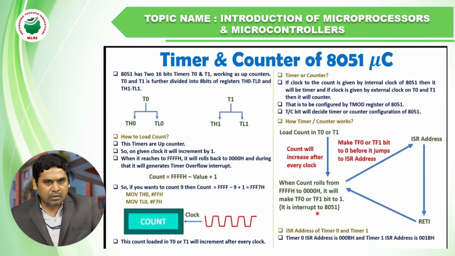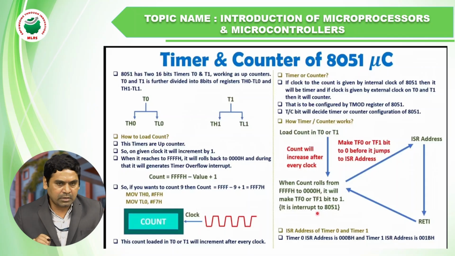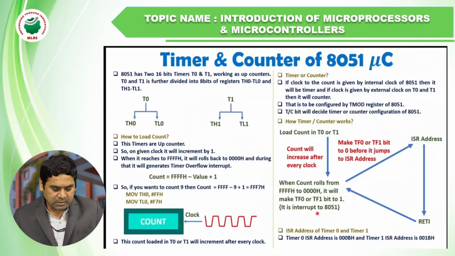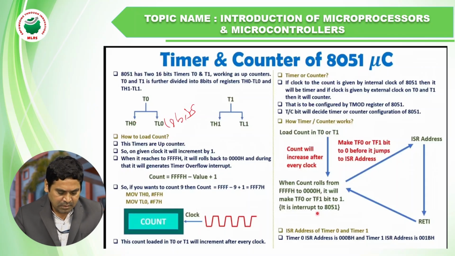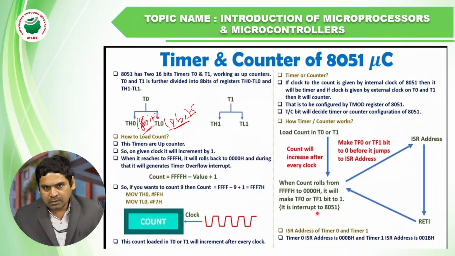Now we discuss only T0, then go to T1. T0 contains 16 bits: TH0 is 8 bits and TL0 is 8 bits. The first 8 bits, TL, are the lower bits, and H represents the higher bits.